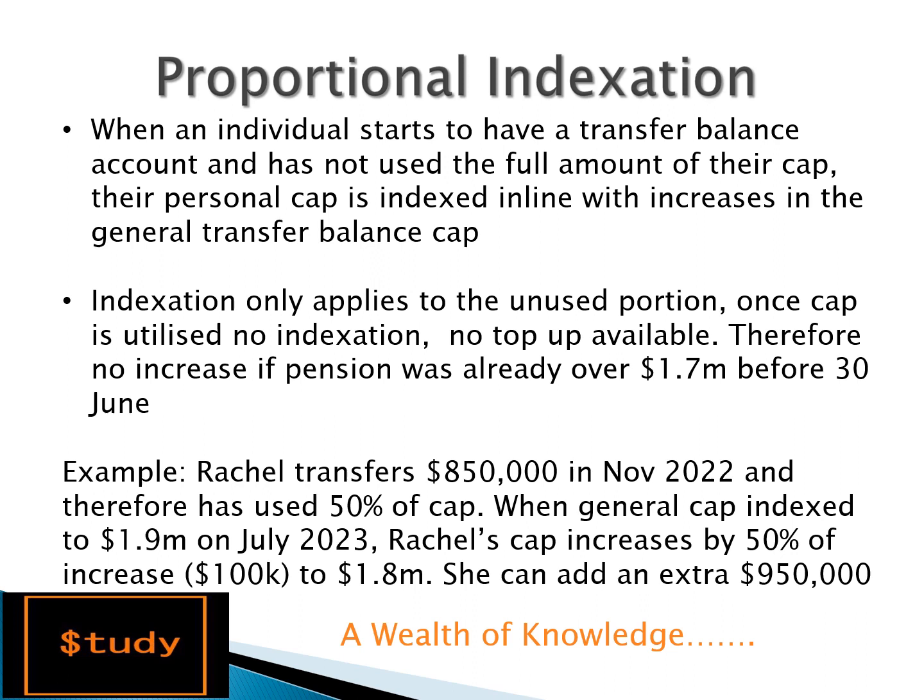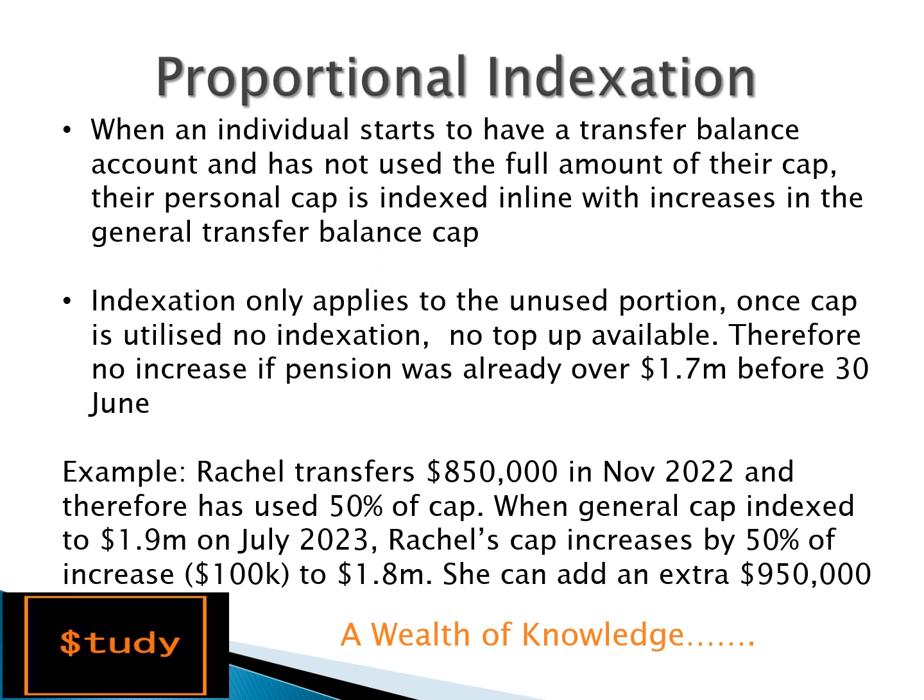But what happens here is that if you have already started a pension, then the indexation is proportioned. So let's step back a step. If you are starting from scratch and you don't have a pension, then your transfer balance cap is whatever it is at the time.